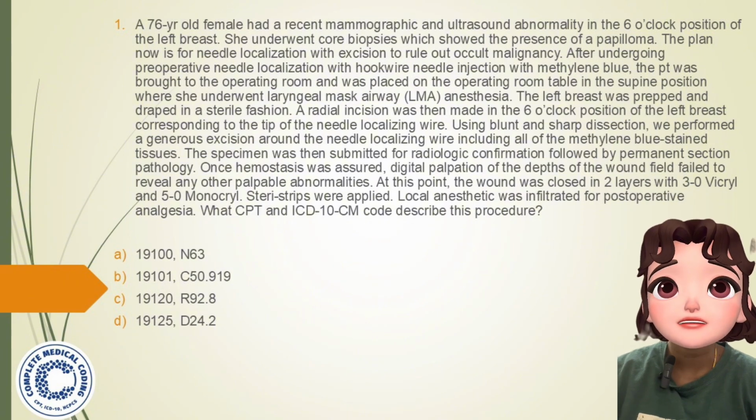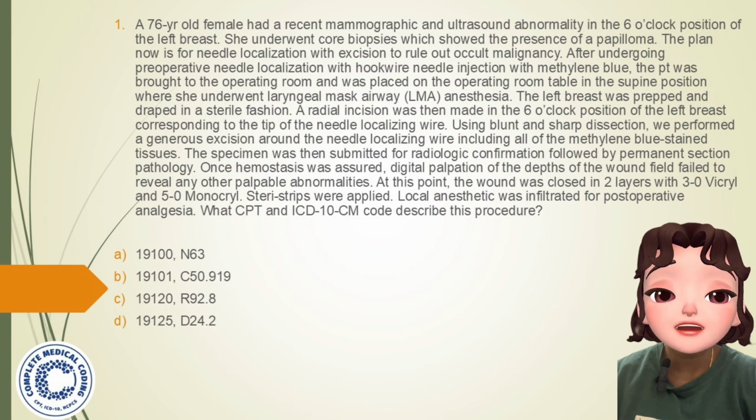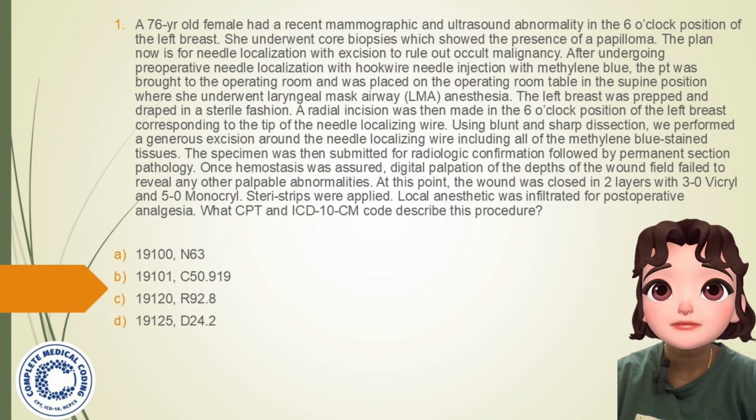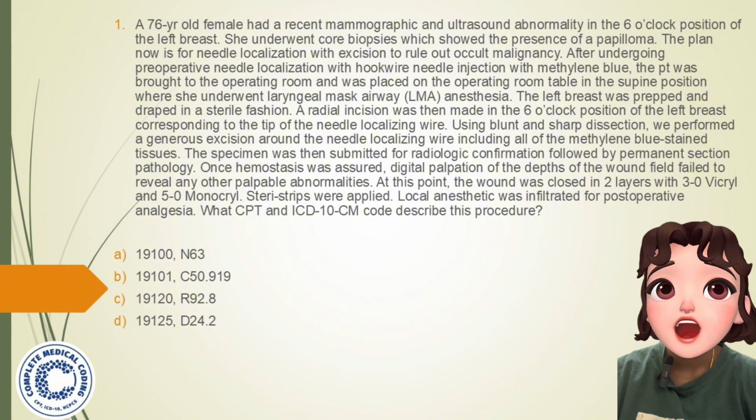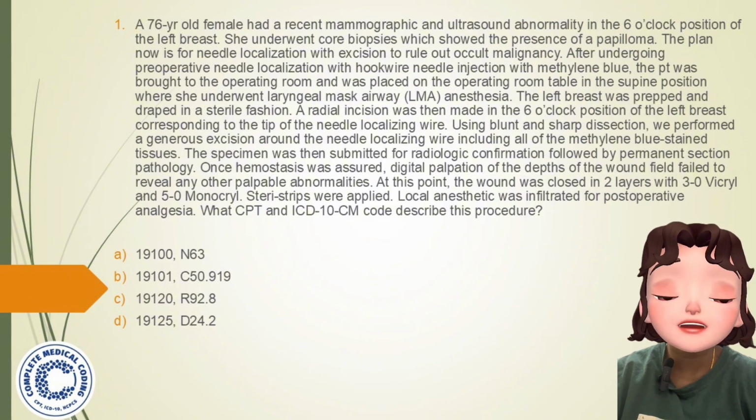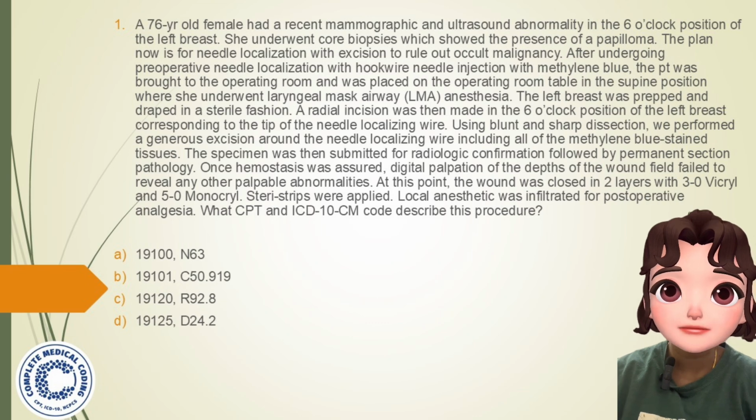What is the next ICD code? C50.919. C50.919 represents malignant neoplasm of unspecified site of unspecified female breast. This is not unspecified, this is the left breast.